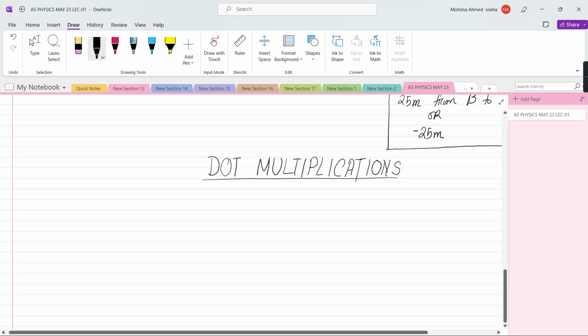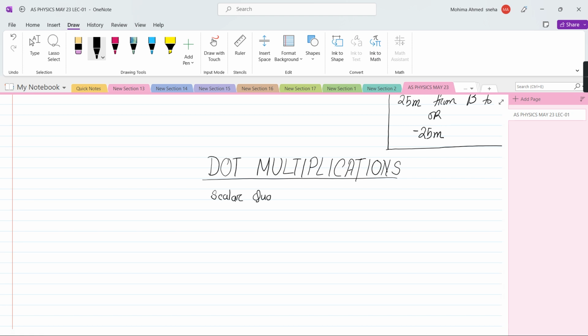In dot multiplication, the rule is that we always refer to all scalar quantities as having a positive sign, and all vector quantities as having a negative sign.